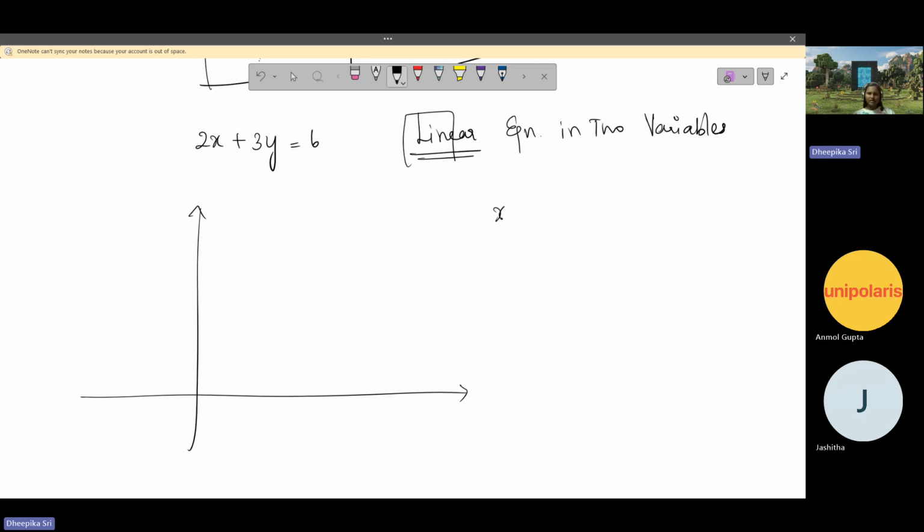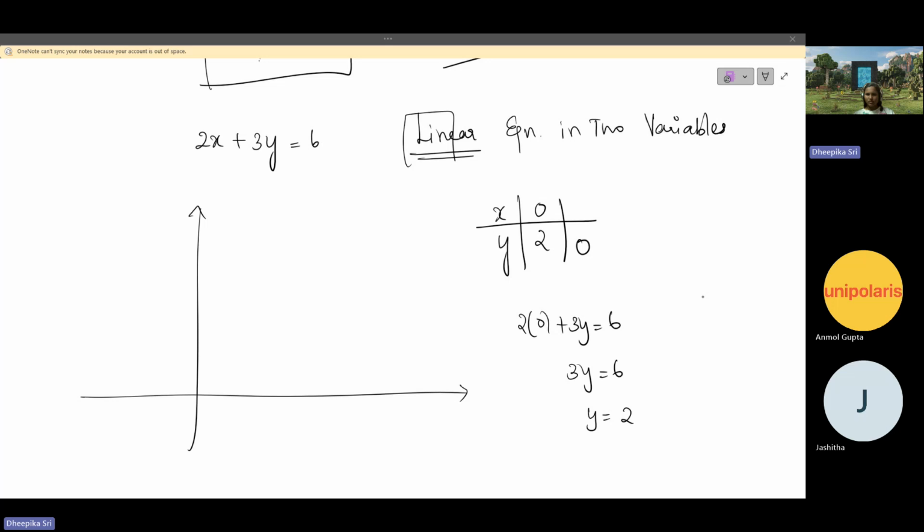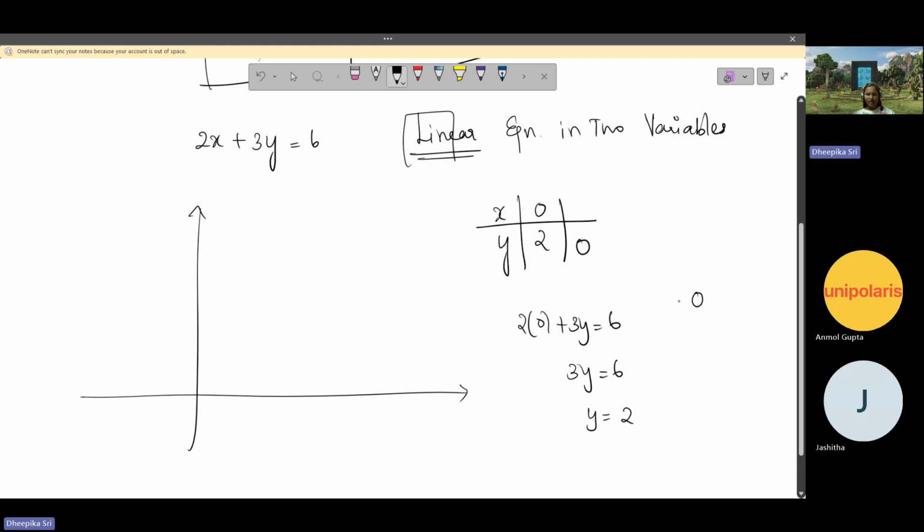So here, when I put x as 0 in this linear equation, what will I get? 2 into 0 plus 3y equals 6. So I get 3y equals 6. What will be the value of y then? 2. So (0, 2) is 1 point. And if I put y as 0, I can easily find the x coordinate. I get 2x plus 3 into 0 equals 6, so 2x equals 6, so x equals 3.